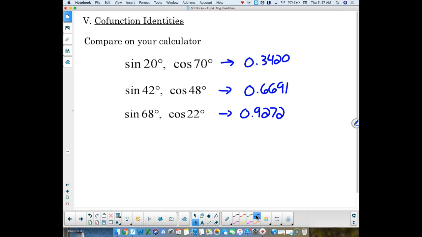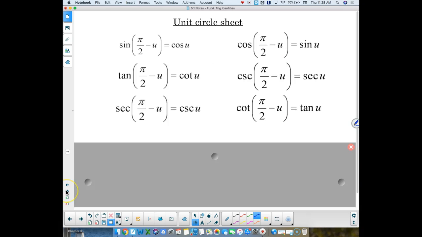Now, what that does for us is that creates these off of your unit circle sheet, numbers 12 through 17. So we've got an angle and its complementary angle.